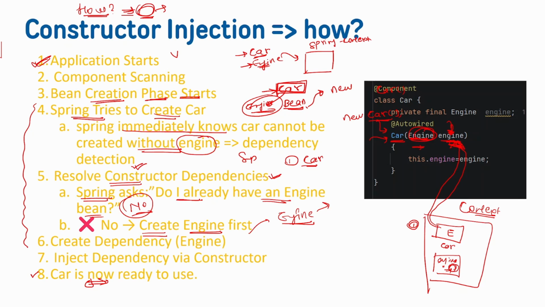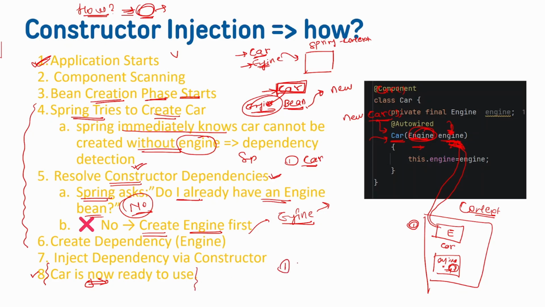Spring asks, do I have an Engine? No. So first it creates the Engine, and since Engine does not have any dependency, it is created first and added to the Spring context. Now the Engine is passed via the constructor, the Car bean is created, and the Car is ready to use.